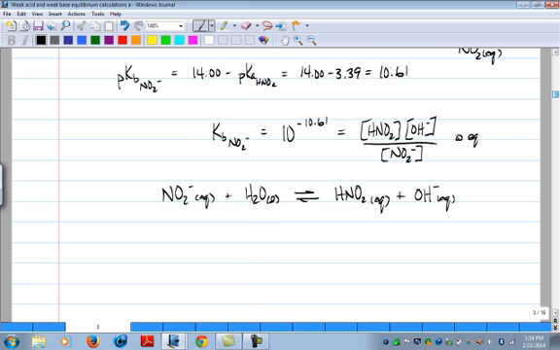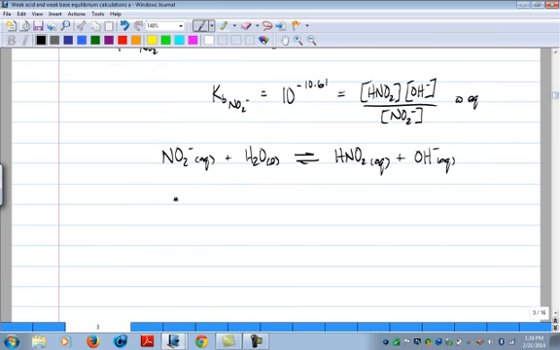We'll get that first by figuring out the pOH. So we'll set up a quick organizer here.